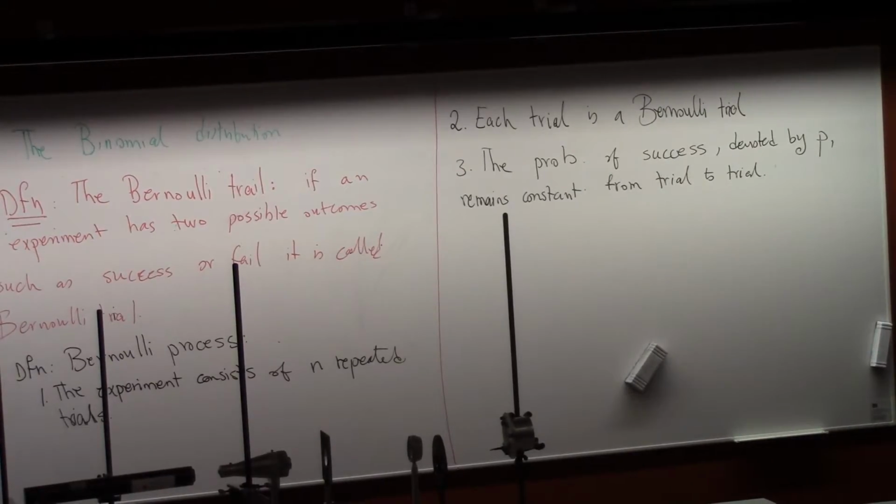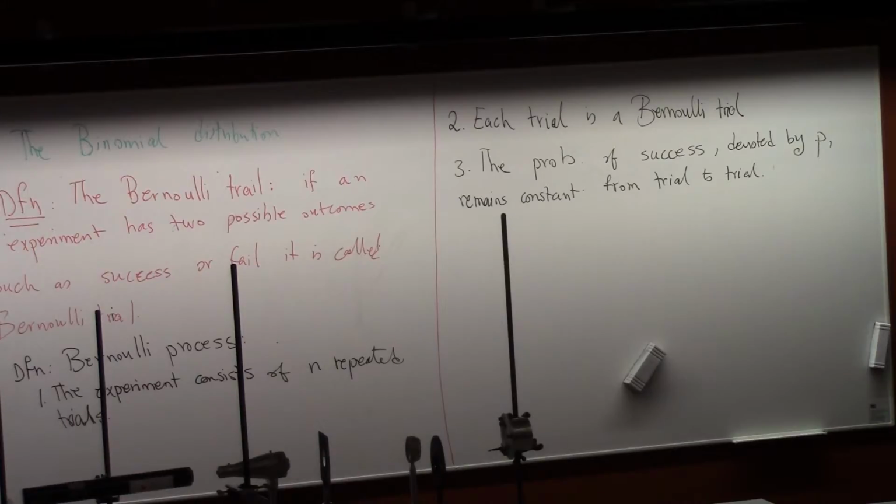I don't see anything, so I have 16 balls and I know 4 of them are green. I put my hand in and pick up one ball, and it is yes or no, green or not green, and I throw away the ball. And I do it, let's say, 3 times. Now, is it a Bernoulli process?